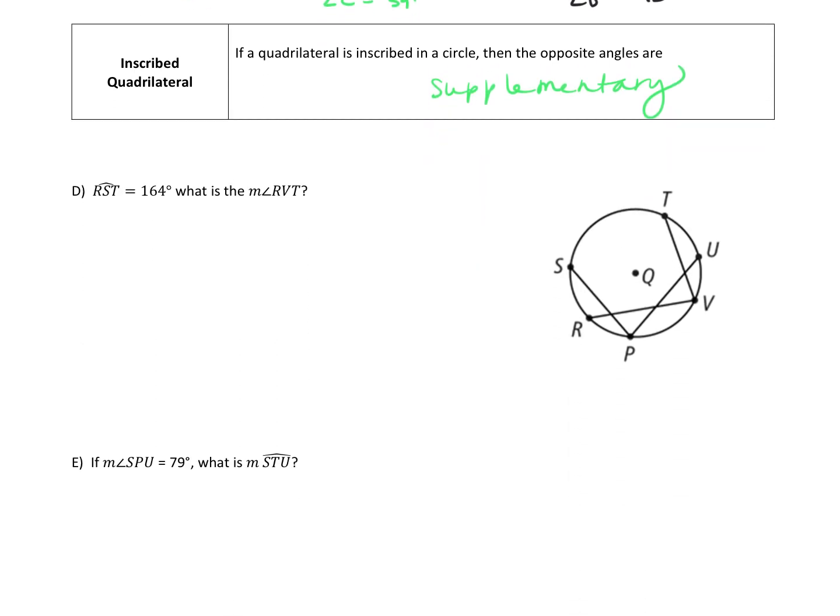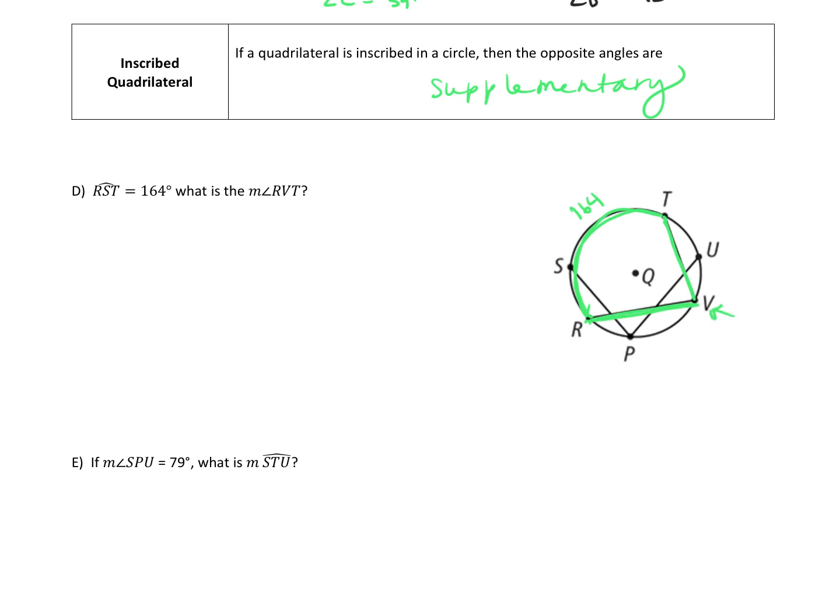All right. Part D, arc RST is 164 degrees. So arc RST, this arc is 164 degrees. Now, if we follow the end of that arc to find the sides, see how this is getting me to the inscribed angle?